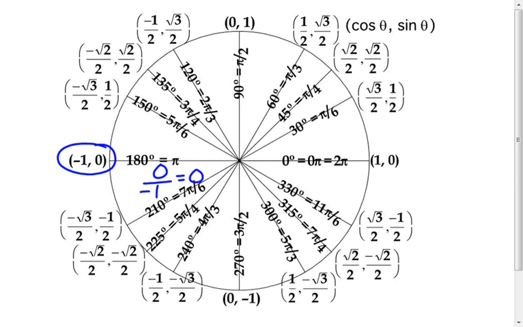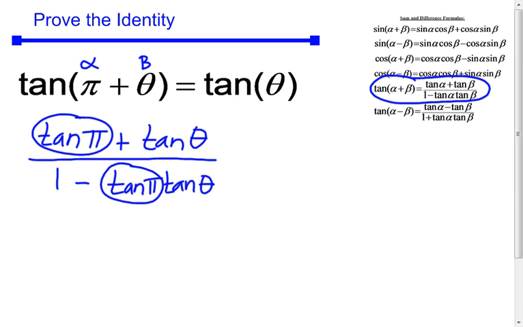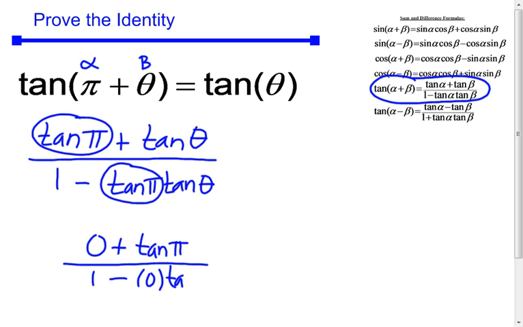Okay, so tangent of pi is 0, which works out nicely. So I will have 0 plus tangent of theta over 1 minus 0 times tangent of theta. Oops, not tangent of pi up there, sorry. Tangent of theta. Okay?